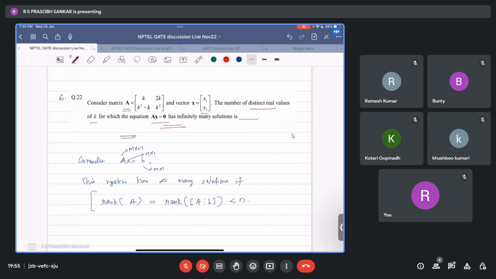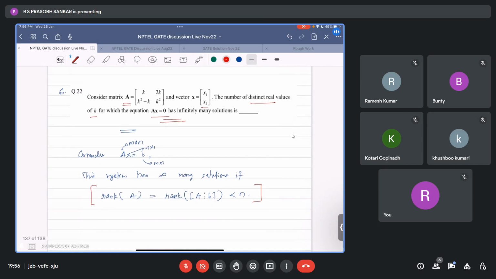If this condition is satisfied, then the given system of equations has infinitely many solutions. This is the standard result. Basically this part says that the system is consistent, and this says that there are infinitely many solutions. This is okay, right?